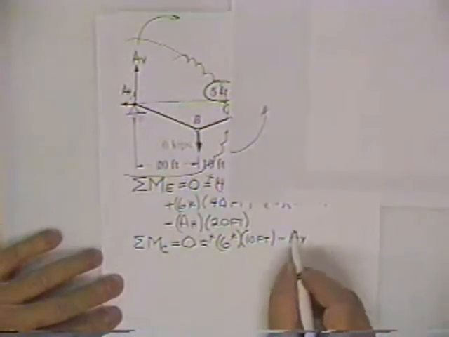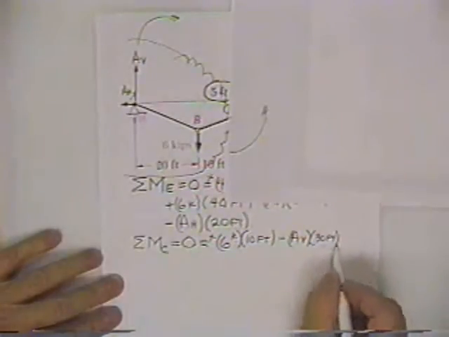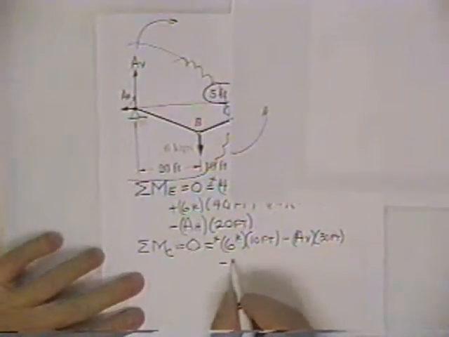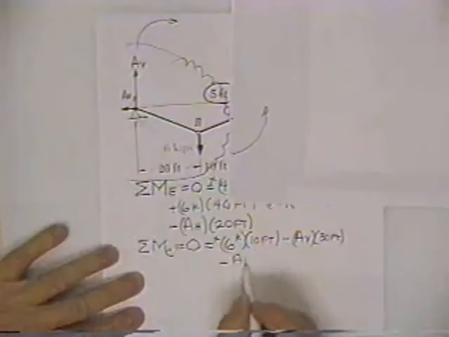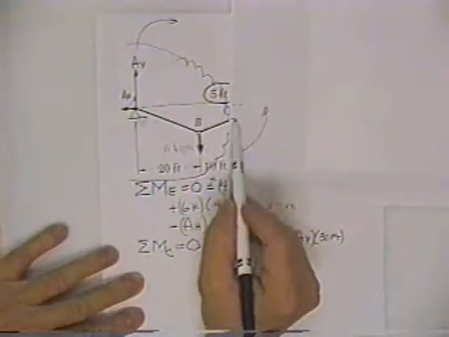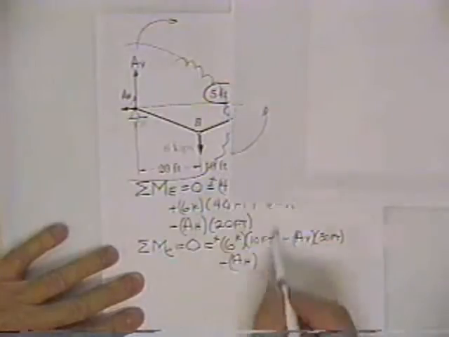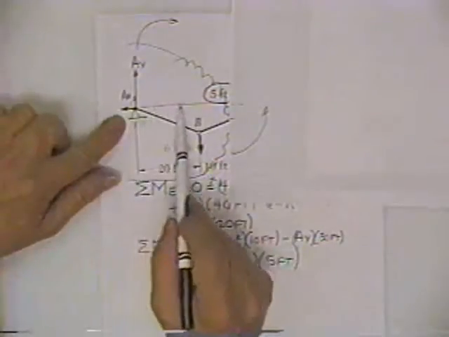Minus, because of the way he's going to roll, A vertical times 30 feet, minus A horizontal. Let me put A horizontal down first. A horizontal, his moment arm, he is 5 feet away. So the moment arm is 5 feet. Now let me see which way he's going to roll. I drag him back here.